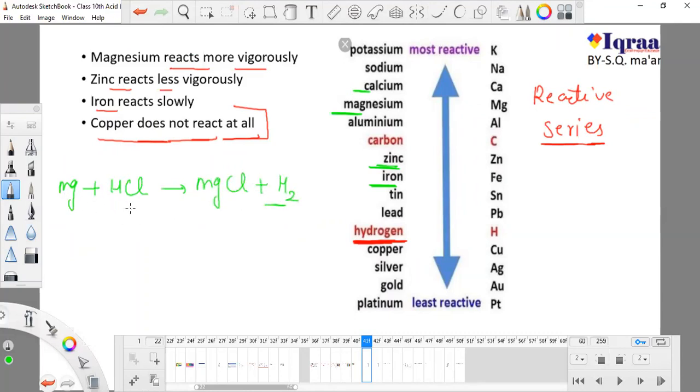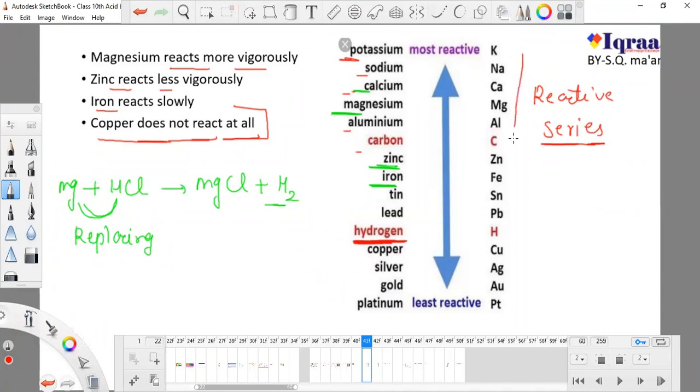As we know, magnesium is replacing hydrogen. Now look at the positions. Potassium is the most reactive element on earth. Sodium is less reactive, calcium is less reactive, then magnesium is less reactive than calcium, aluminum is less reactive than magnesium, carbon is less reactive than aluminum, and zinc is less reactive than this.